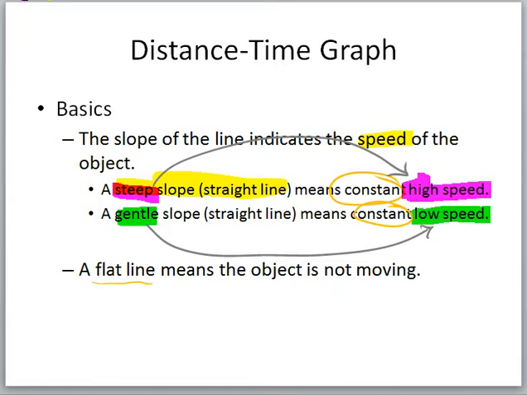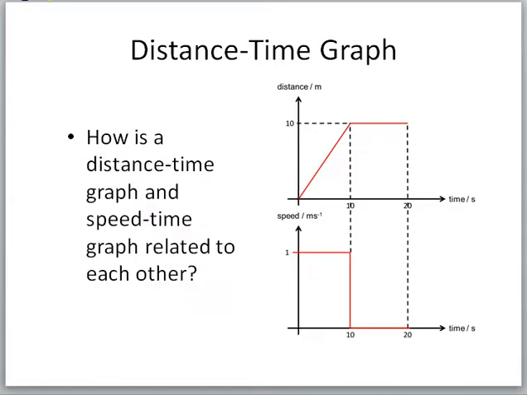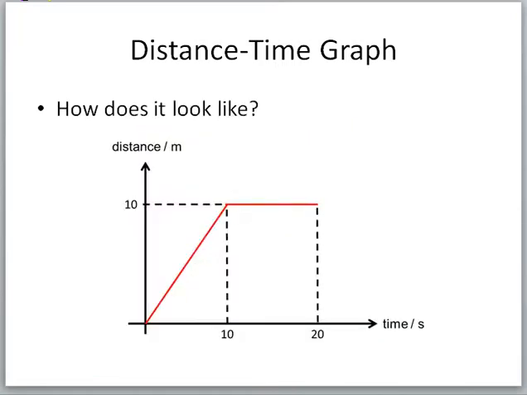We will go into further details with an example. Example seems like it's not there, so let me use this as an example. You can see here, this slope tells you how fast or how slow the thing is moving. This line here, since it's a flat line, tells you that my object is not moving.